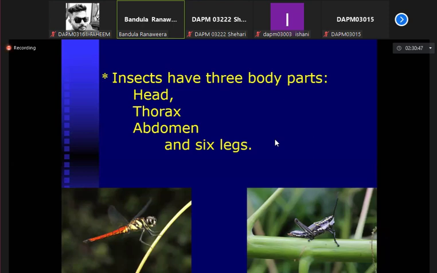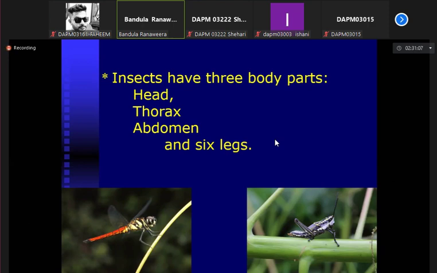Then after completion of the feeding, it becomes a pupal stage, an inactive stage, and then from the pupa, an adult is emerging. So that is complete metamorphosis.